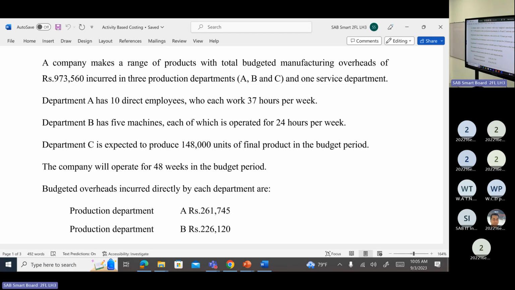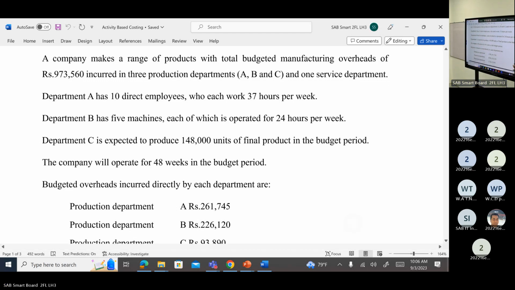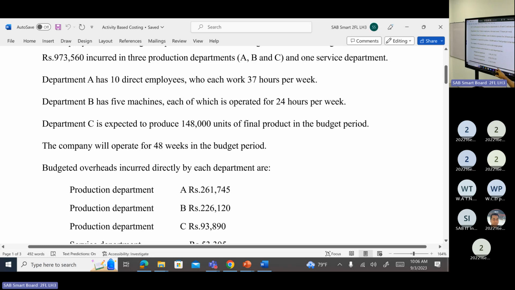The company will operate 48 weeks in the budget period. Budgeted overhead cost incurred by each department: production departments A, B, C.